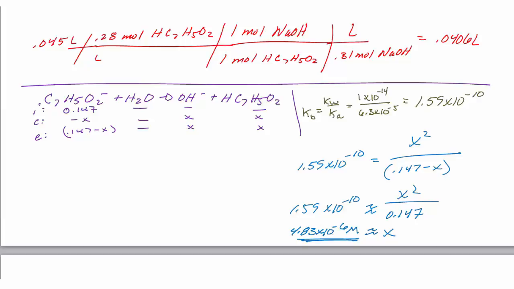That's my X. Go back to your ICE table to see what X is. X is hydroxide. So that means we can get pOH. Take the log, 5.32. So that means we can get pH then. Finally, subtract from 14: 8.68 is my pH.